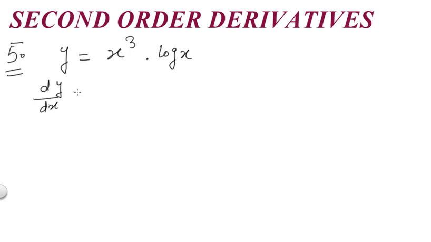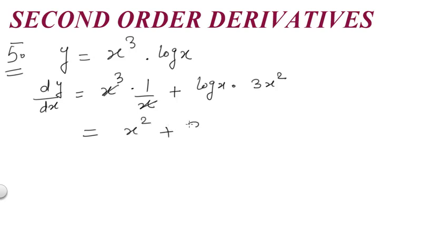Differentiation of u into v will be first function as it is, into differentiation of log x which is 1 upon x, plus log x as it is, and differentiation of x cube is 3x square. Simplifying it further, we can cancel x and write x square plus 3x square into log of x. Clear? Now you can take x square common and then again apply the product rule, or you can simply solve the equation. Let us solve it.